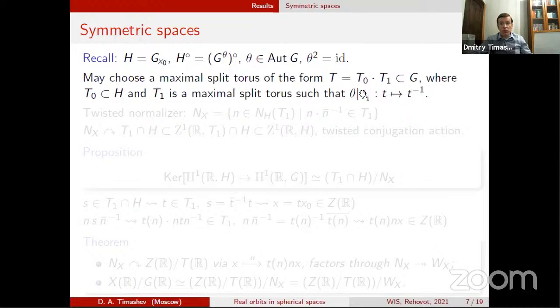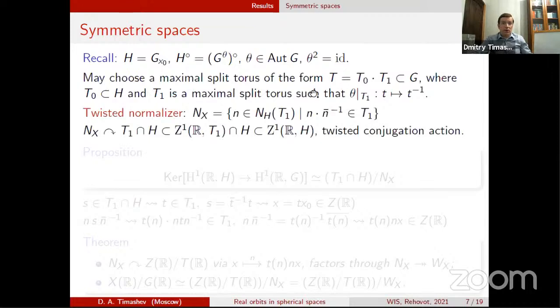It is a product of two subtori, T0 and T1, where T0 is a subtorus in H, that is theta acts on T0 identically. And T1 is a maximal split torus having an additional property, a maximal split torus on which theta acts as inversion. So you can choose a maximal split torus in the whole of G of this form.